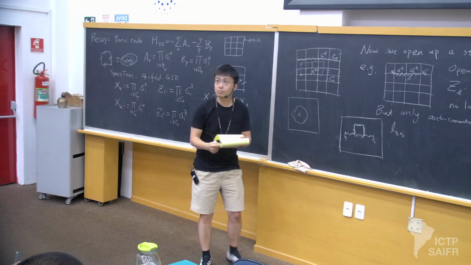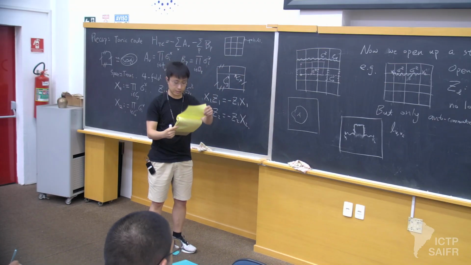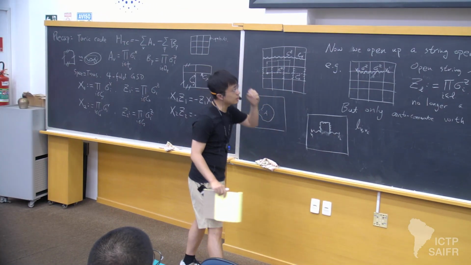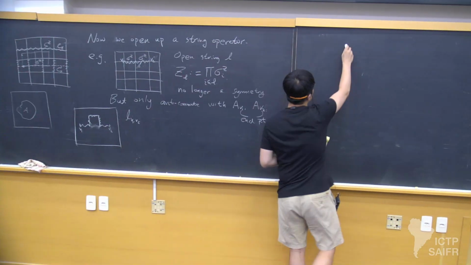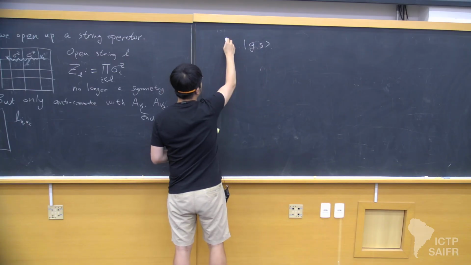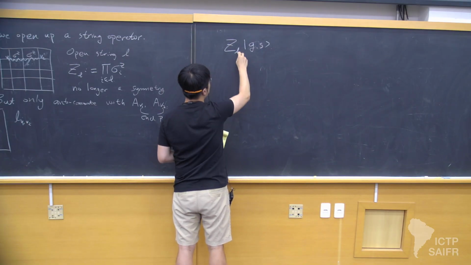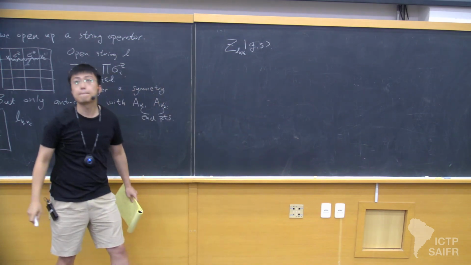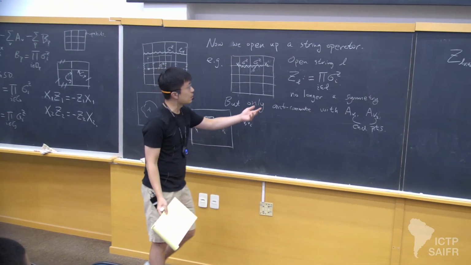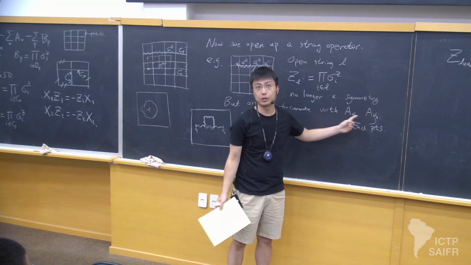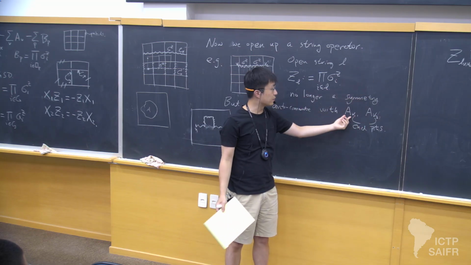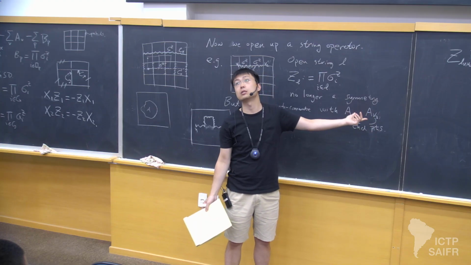Any question about that? So what does this mean? Well, it means that if I start from any ground state and act with this string operator with the two endpoints V1, V2, it's no longer a ground state. Because this operator anti-commutes with A_V1 and A_V2, which means this new state has the eigenvalue of A_V1 and A_V2 being -1 instead of +1.